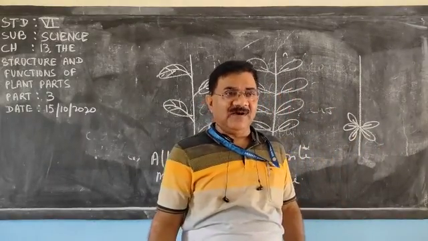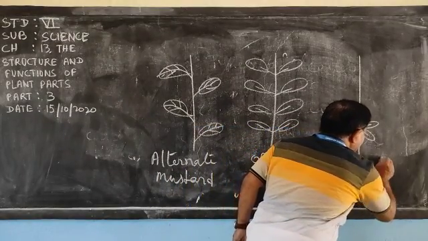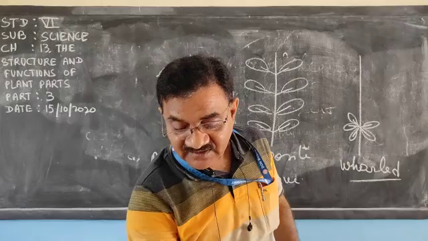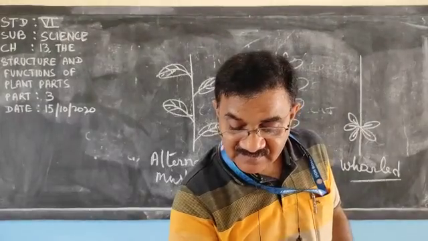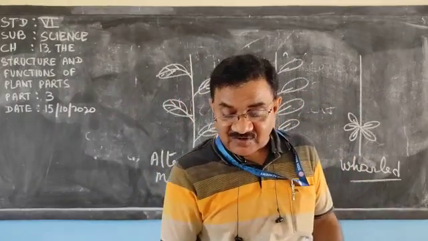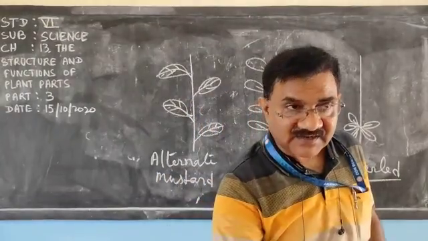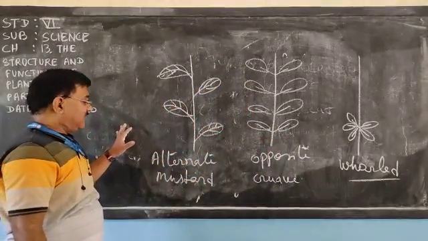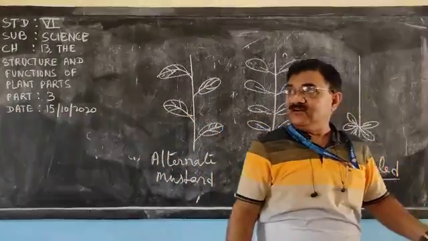Such type of arrangement of leaf is called whorled, or whorl. In this arrangement, more than two leaves arise at one node and form a circle. So we have understood three types of arrangement of leaves: one is alternate, next opposite, and the third one is whorl.